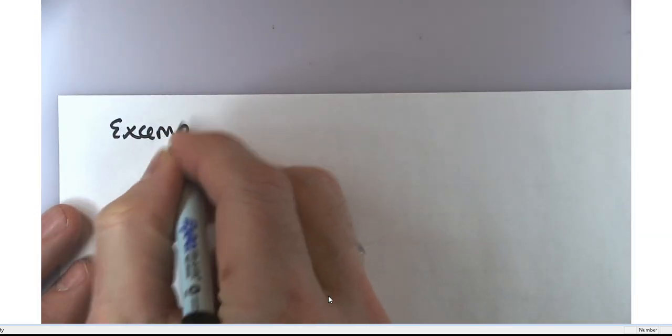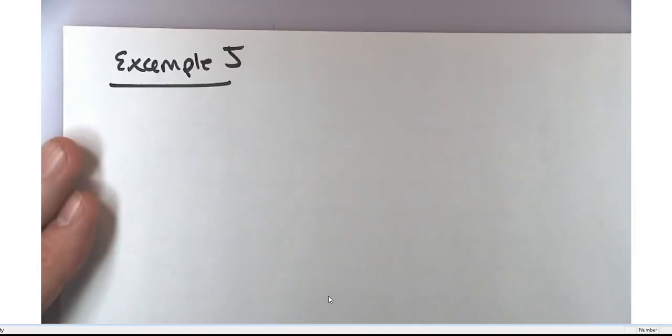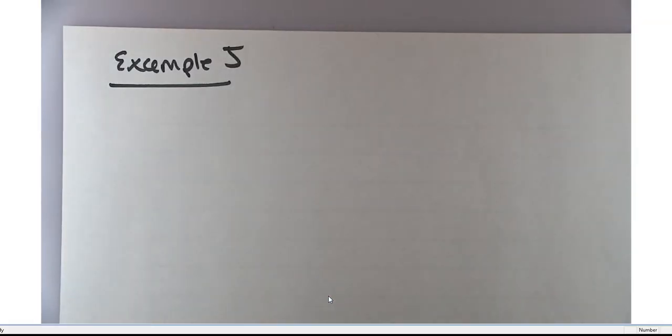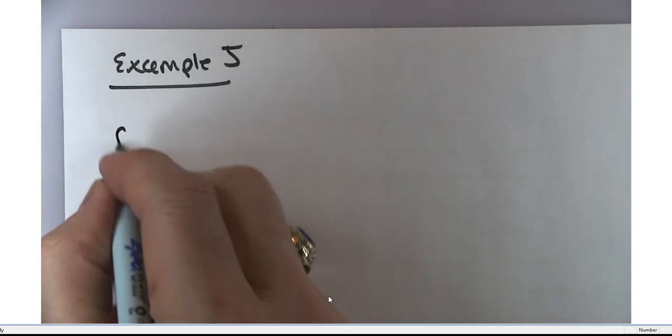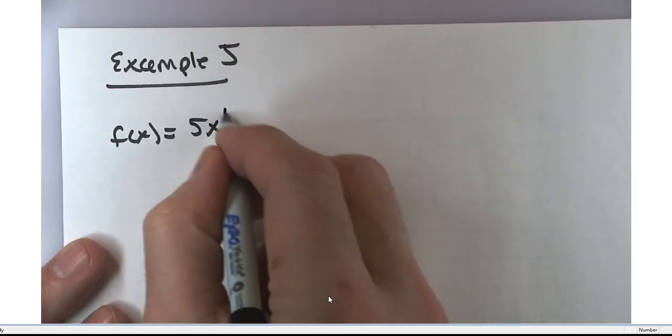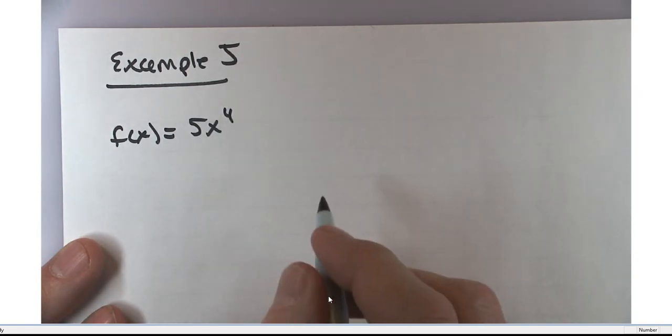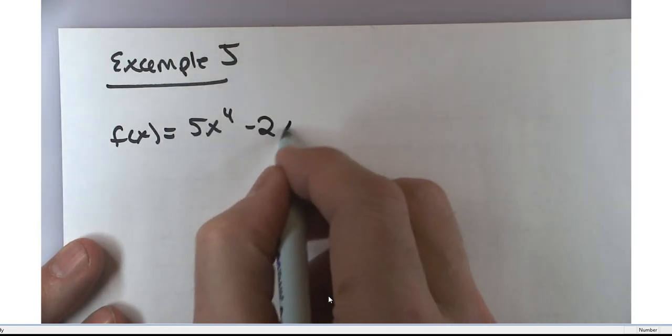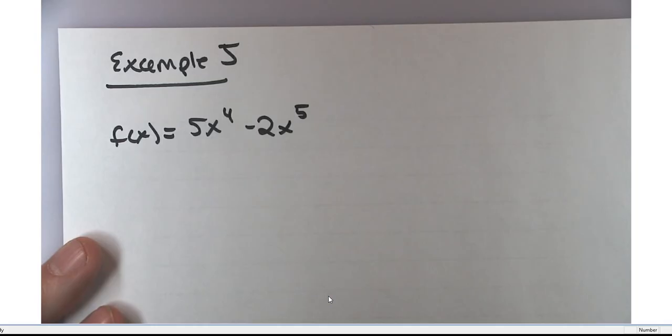Let's take a look at example J. F of x is 5x to the fourth minus 2x to the fifth. And they give us something peculiar.